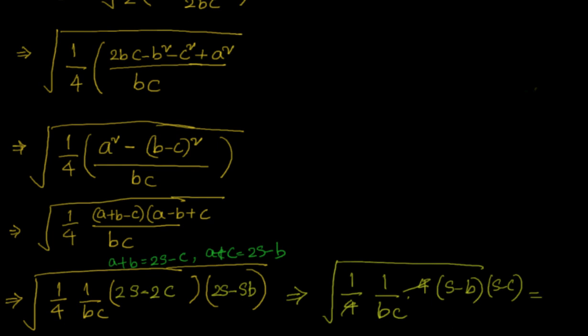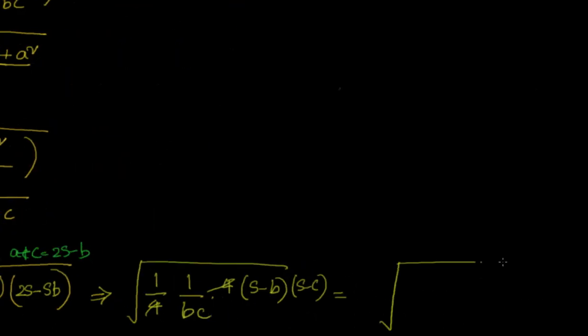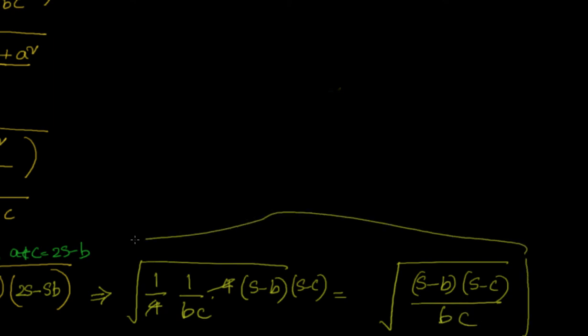That's nothing but equal to square root of S minus B into S minus C by BC. This is nothing but equal to sine A by 2. Now let's find out what is cos A by 2. You can do it in two ways.